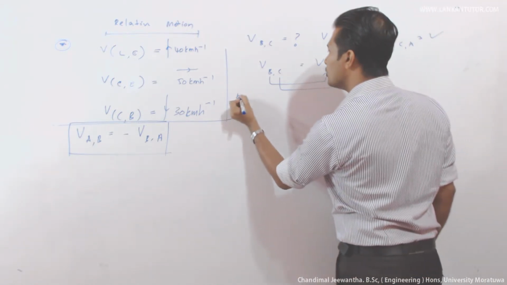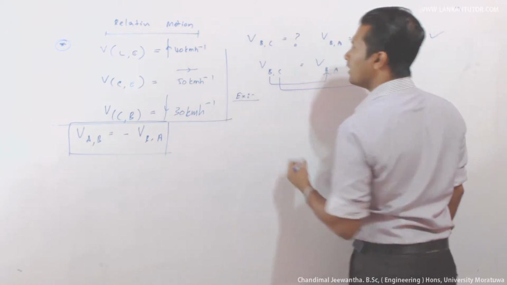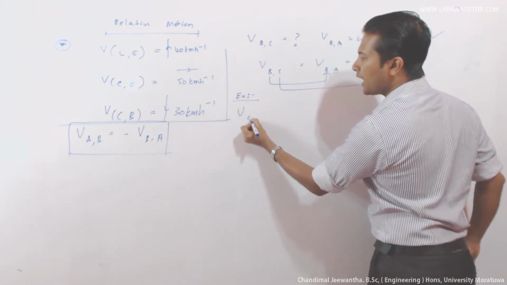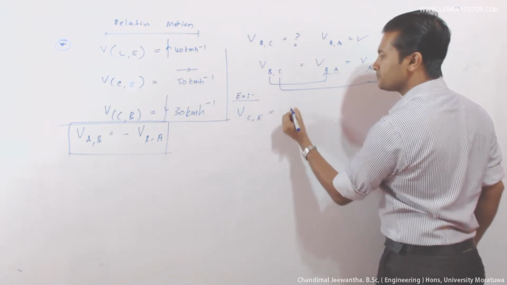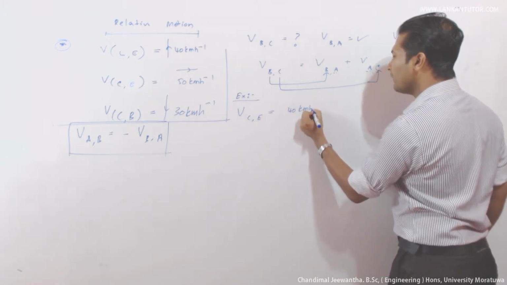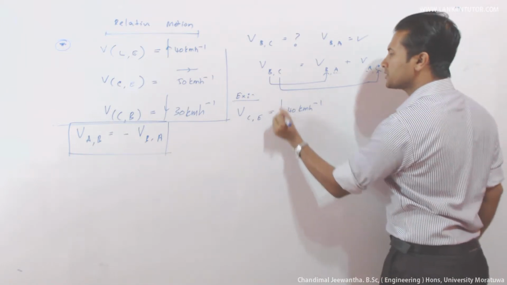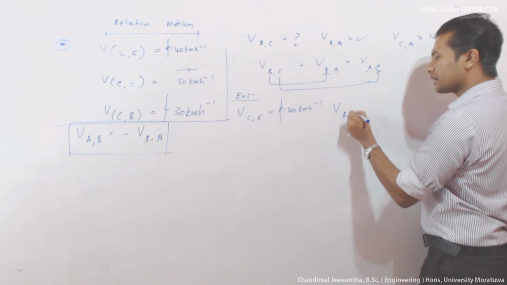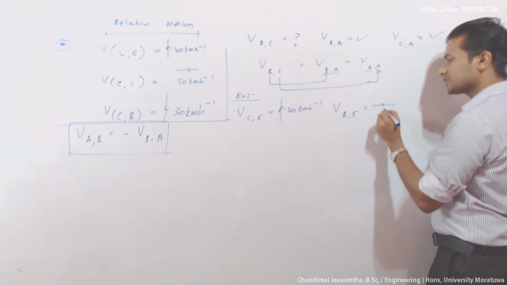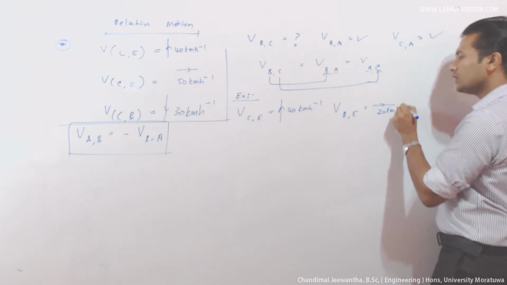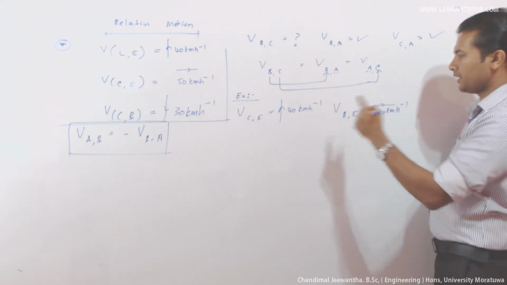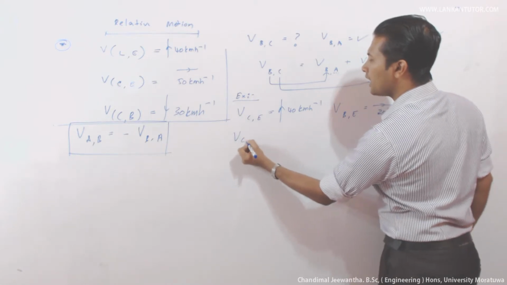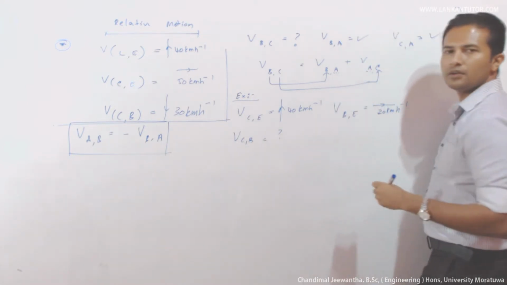Okay, let's move on to an example. You are given velocity of car relative to earth is 40 kilometers per hour towards north. Then velocity of bus relative to earth is 30 towards east. Then what you have to find is velocity of car relative to bus.